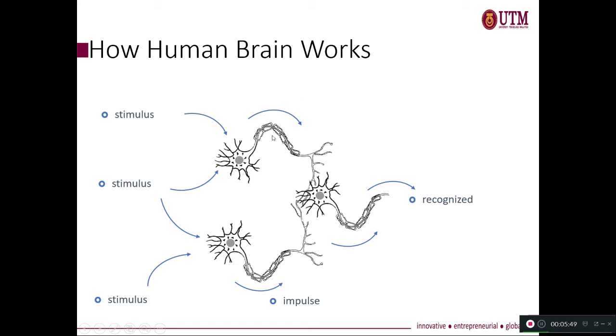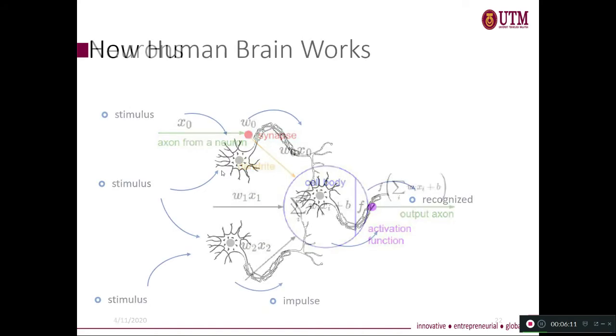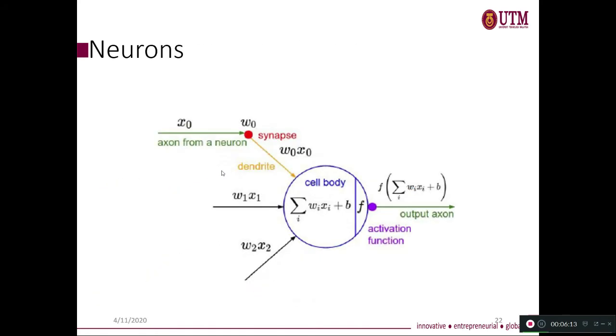From that, the neuroscience community tried to model this single unit of your brain, which is called a neuron, in a mathematical expression, and they found that a single neuron can be expressed as this equation.